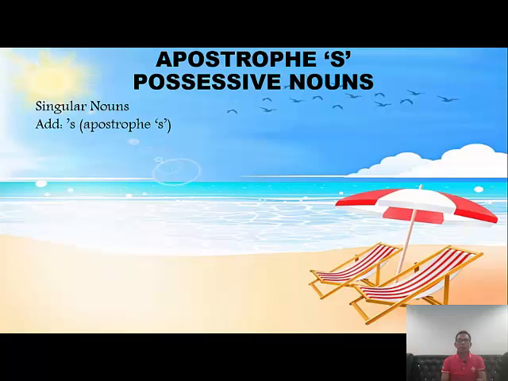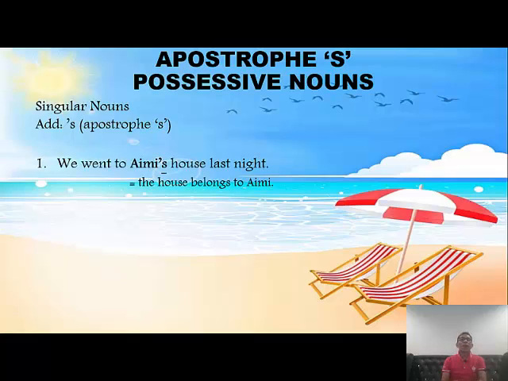For singular noun, we add apostrophe s to the end of the word. Let's say this one. We went to Amy's house last night. The house belongs to Amy, and Amy is singular. It is a person. Now remember, singular.